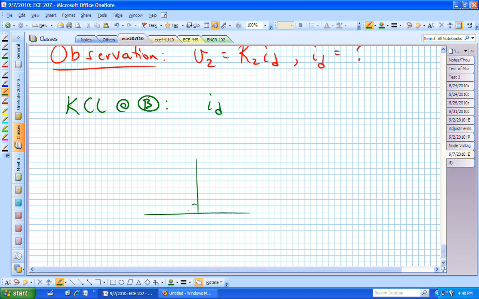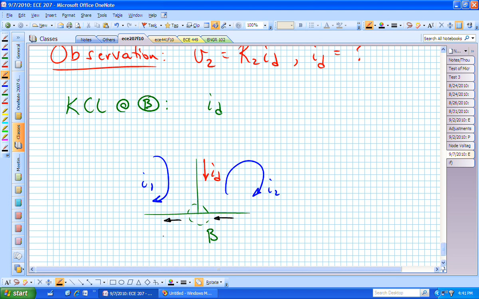Here's node B. Here was I sub D. Here was I1, and here was I2. Is that correct? Now, what I really want to be thinking about is this current coming in there, and maybe this current going out there.